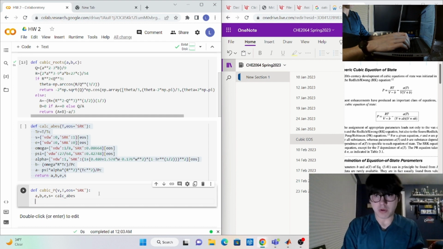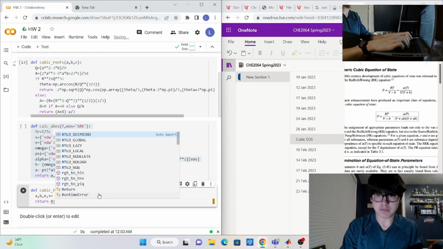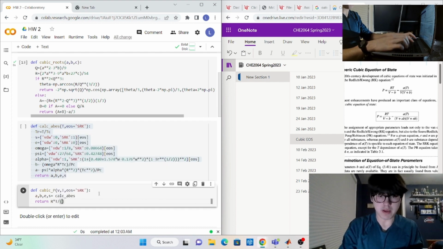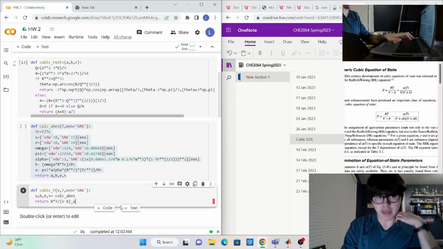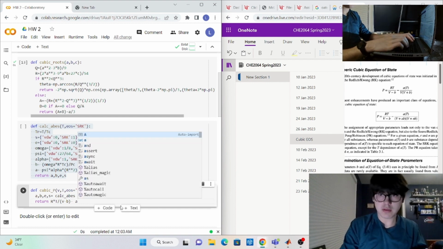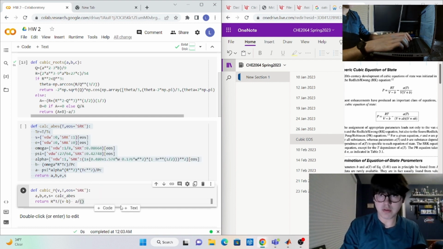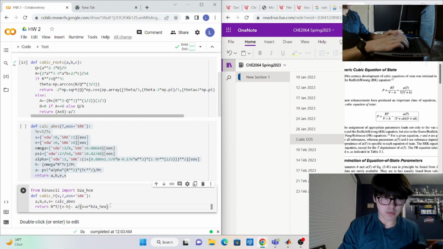And then we'll go ahead and return R times T divided by V minus B, minus A divided by V plus E times B, divided by V plus S times B.